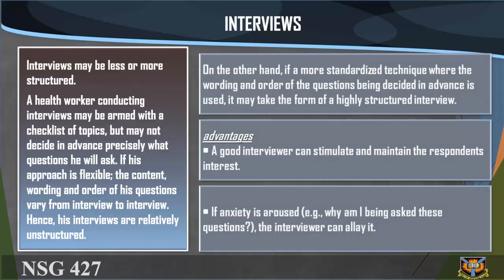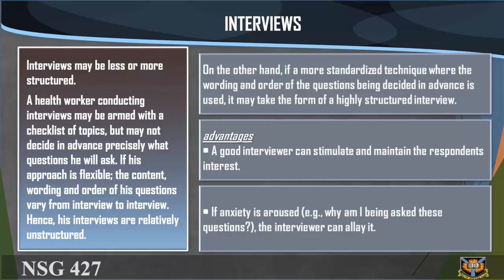Interviews. Interviews may be less or more structured. A health worker conducting interviews may be armed with checklists of topics, but may not decide in advance precisely what questions he will ask. If his approach is flexible, the content, wording, and order of his questions vary from interview to interview.